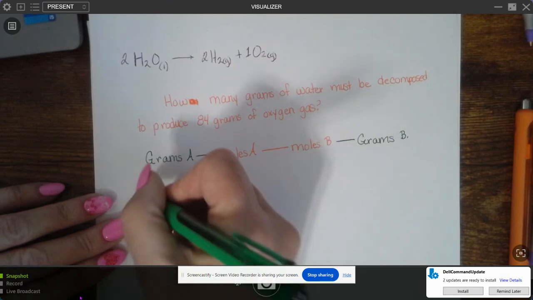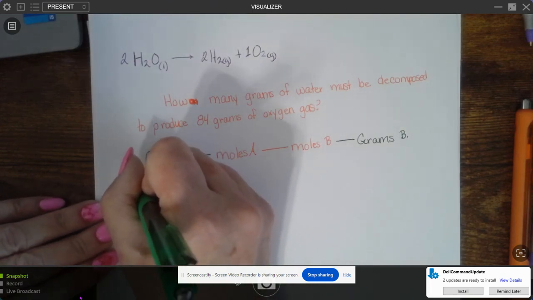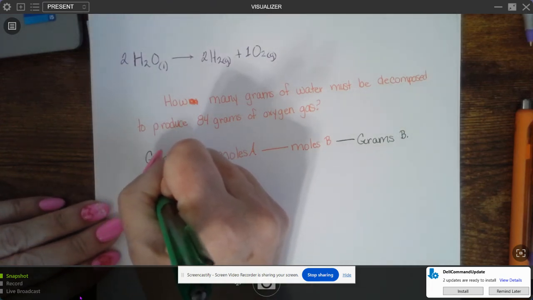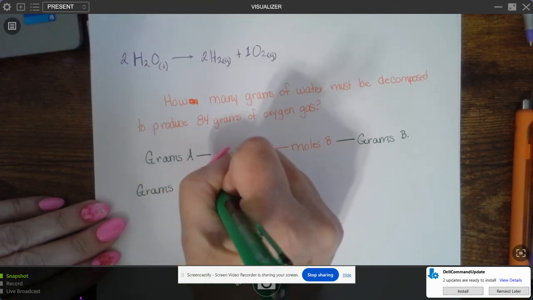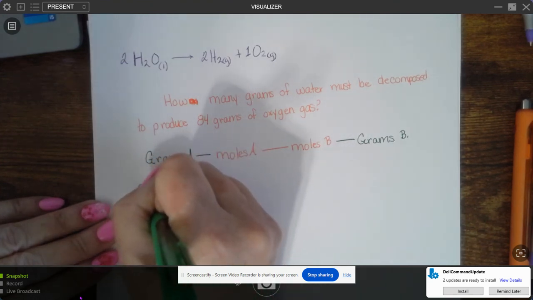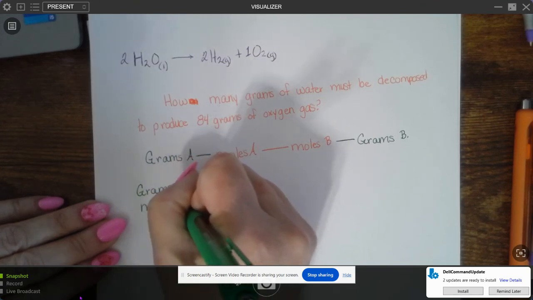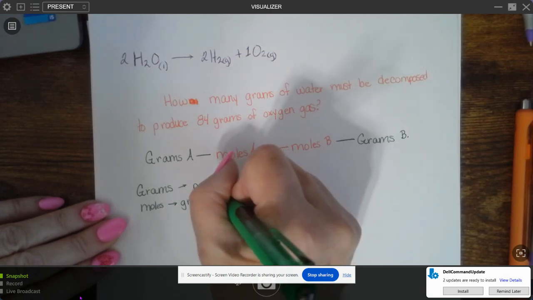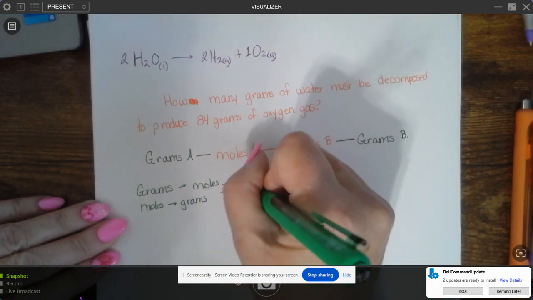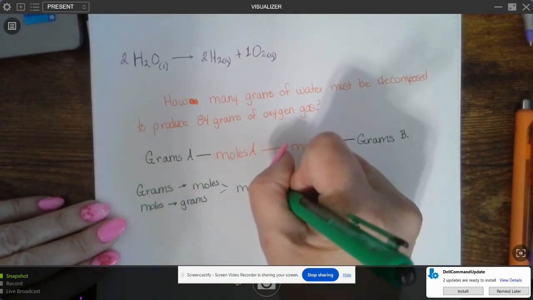Anytime you are converting between grams and moles, whether you're going grams to moles or moles to grams, this is when you use the molar mass from the periodic table.